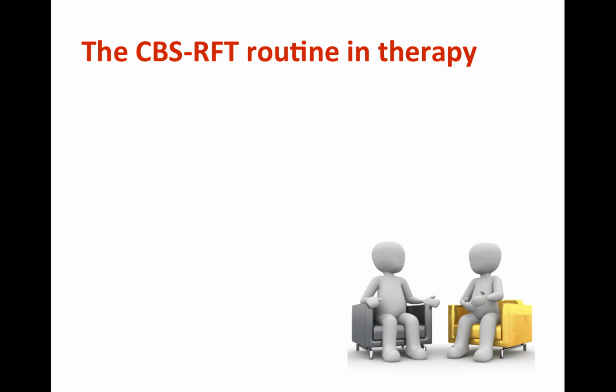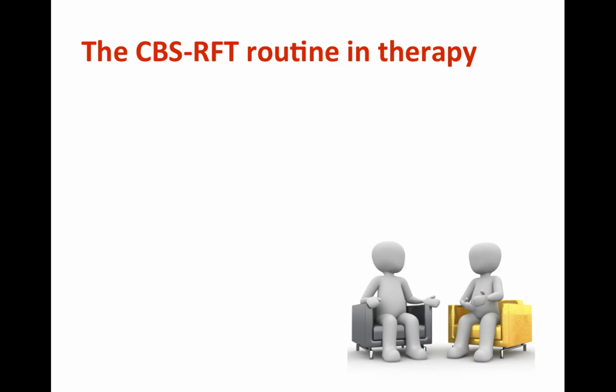From a CBS RFT perspective, we can approach therapy as a succession of moves made by the therapist to alter the context and thereby transform the function of variables influencing the client's responses. But the therapist can't just alter the context and assume that the function he is targeting will necessarily be transformed as hoped. Instead, he needs to watch the result of his intervention moment by moment and over time.